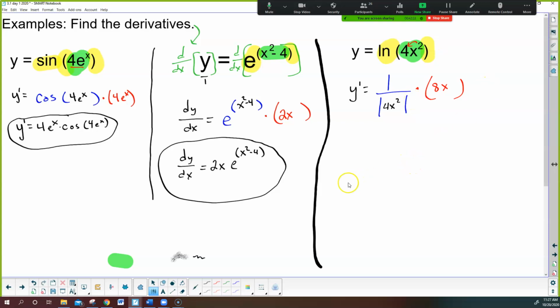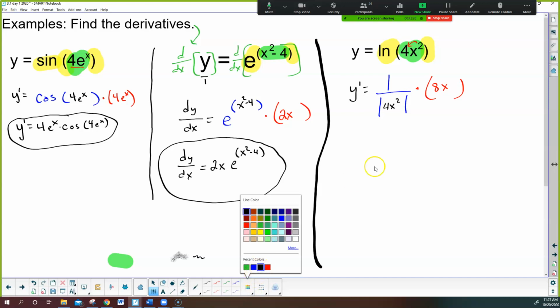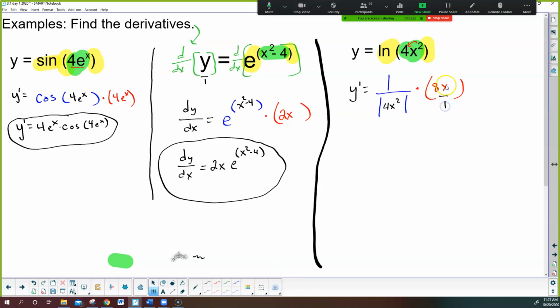But something unique happens here with this specific problem, and you won't always get it this way. Remember, this is like 8x over 1, so you have a fraction times a fraction, which multiplying straight across, you get 8x over 4x squared. We don't have to worry about the parentheses here because anytime you square something, it's going to be positive anyways, so don't worry about those absolute values.